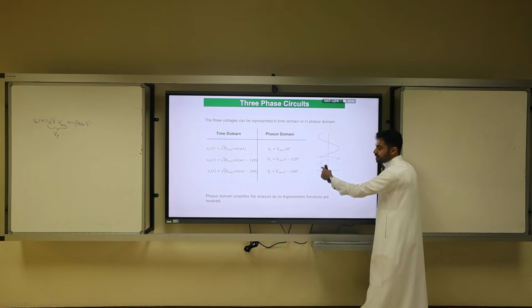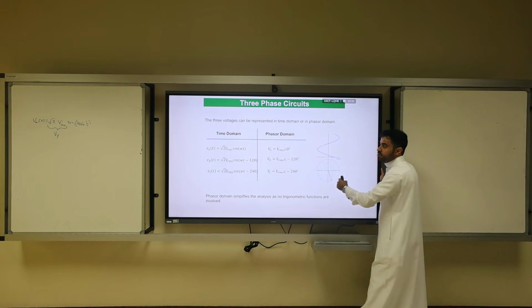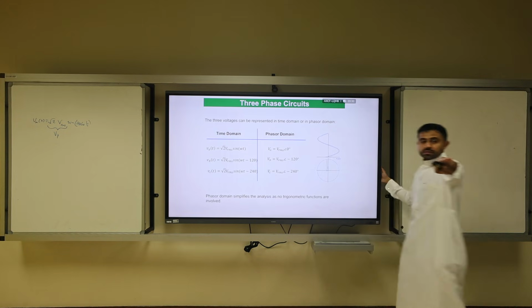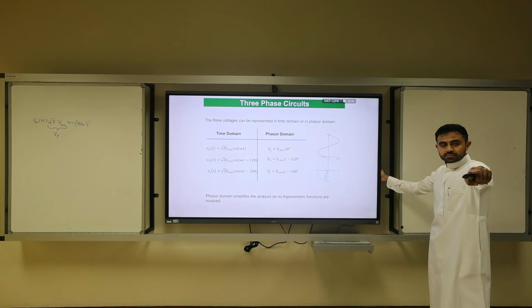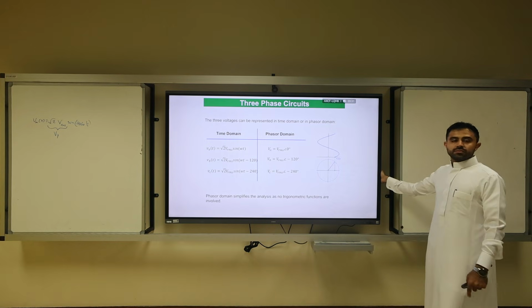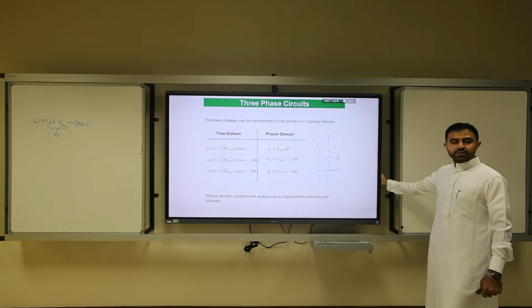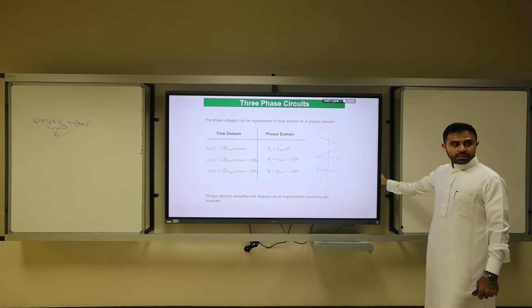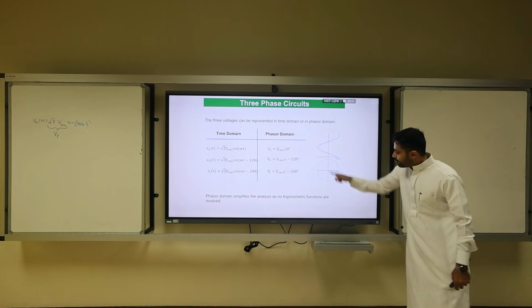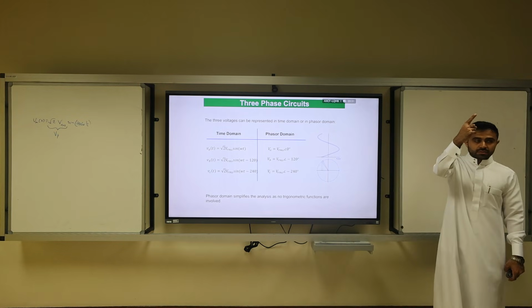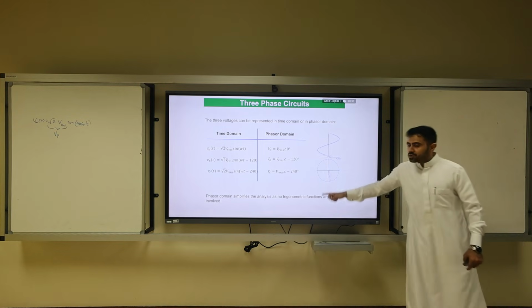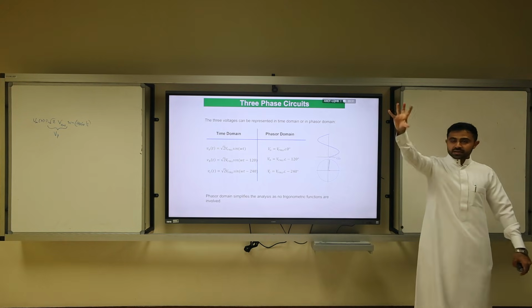And this is a rotating phasor. What's the speed? 2 pi f, 2 pi 60 radians per second. Or it makes 60 full rotations in 1 second, and it makes 1 full rotation in 1 over 60 seconds. Get it?